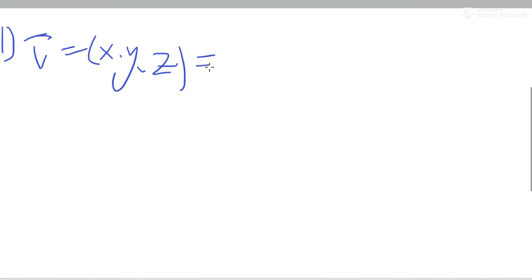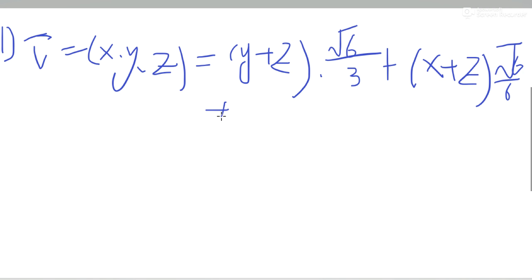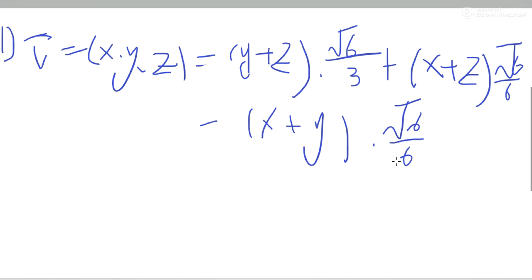We use the first derivative with respect to x, which is y + z, times the first number of the unit vector, which is 2 over root 6, and minus x + z, sorry, I made a mistake, because this is minus, it's not plus, times the number, plus x + y times the same number.